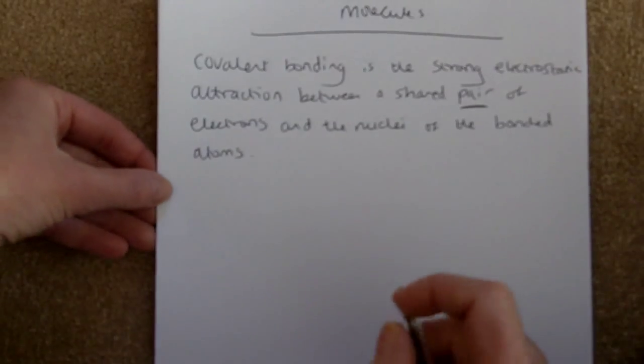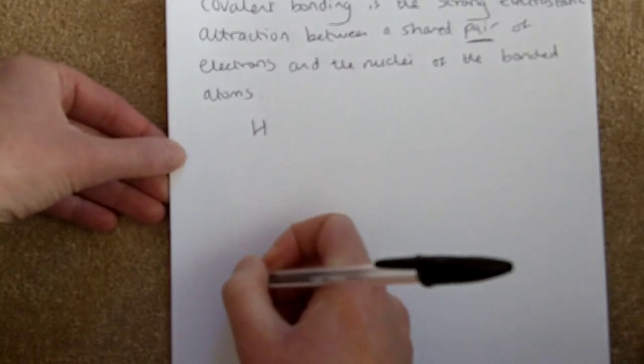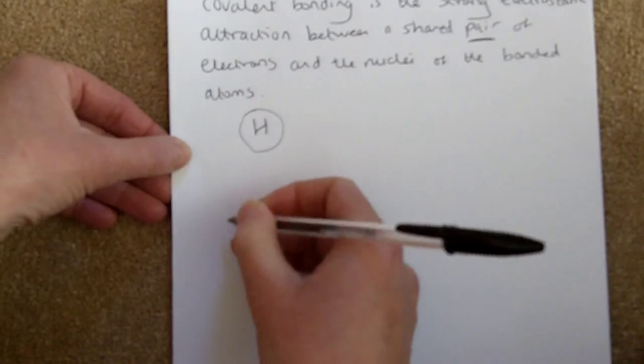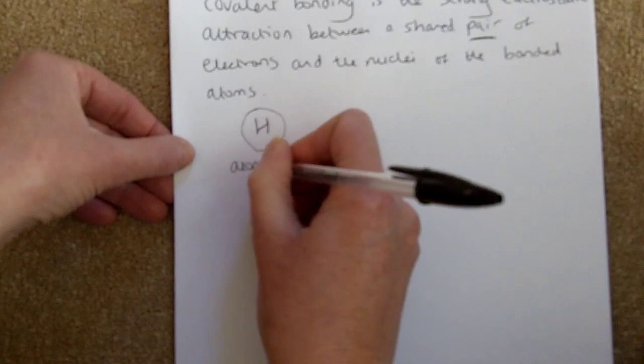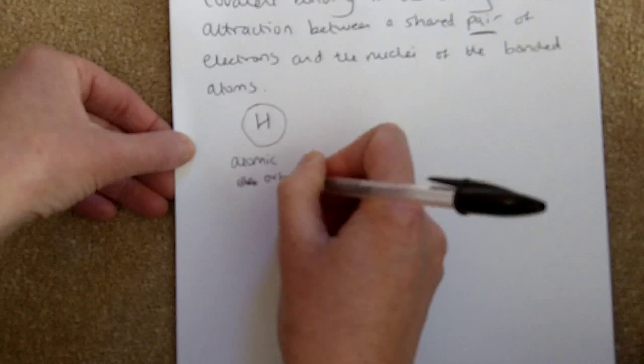So we'll just take a very simple example. If we take a hydrogen atom, and a hydrogen atom is just an s orbital. Okay, that's called an atomic orbital.